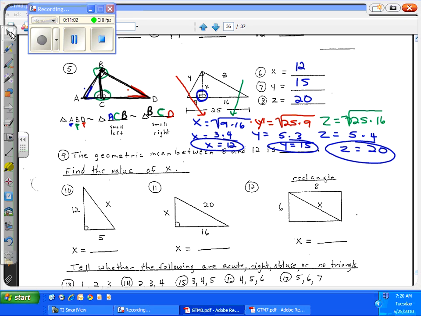Any questions on that? If the altitude is drawn to the hypotenuse of a right triangle, then the two smaller triangles formed are similar to one another and similar to the whole big triangle.